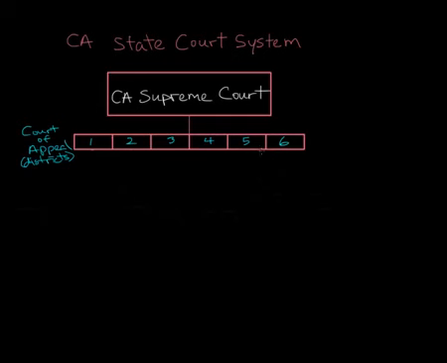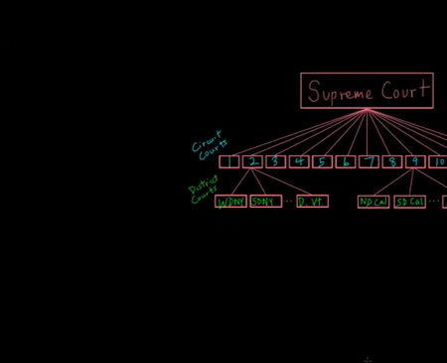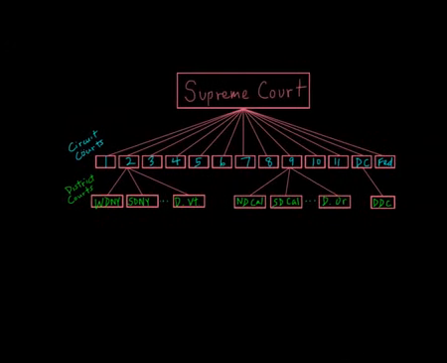Remember that in the federal court system, the appellate courts are divided into circuits. Let's look back at our federal court map. The intermediate appellate layer was divided into circuits, and each circuit had its own court, and the circuit courts hear the appeals from the trial courts, which are called district courts.